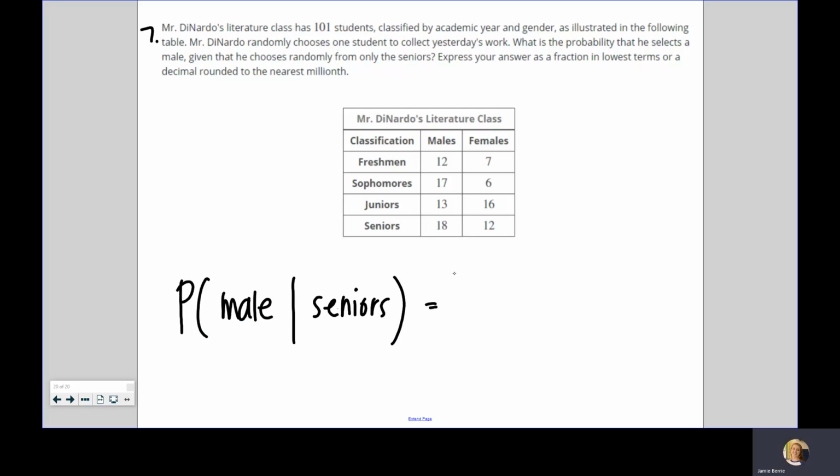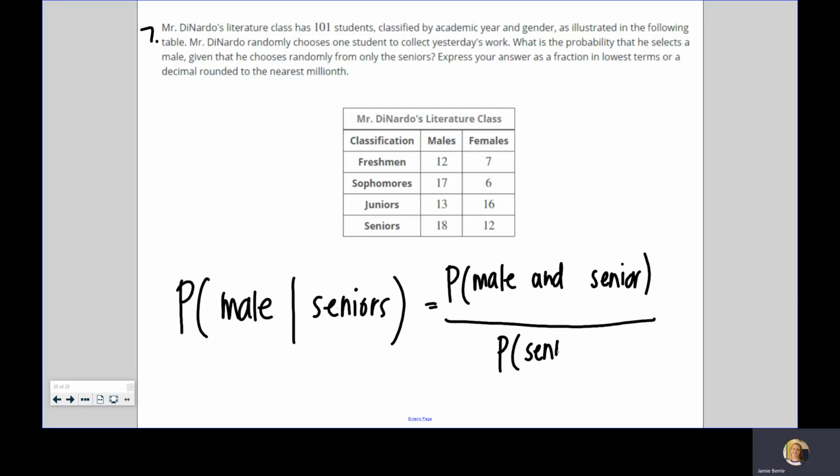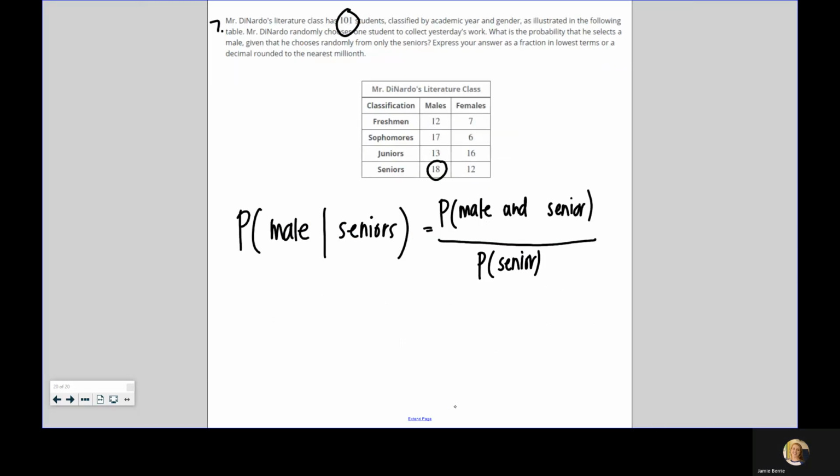So that's the probability that a student is a male and a senior, divided by the probability that a student is a senior. Remember that the part after the long straight line goes in the denominator. Male and senior was 18 out of the total 101 students.